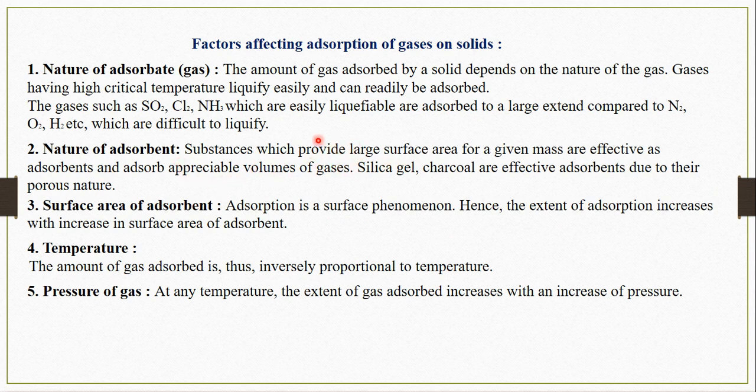If the surface area is larger, the adsorption will be more. Different adsorbents like silica gel and charcoal are effective because they are porous in nature, and so they provide a large surface area.